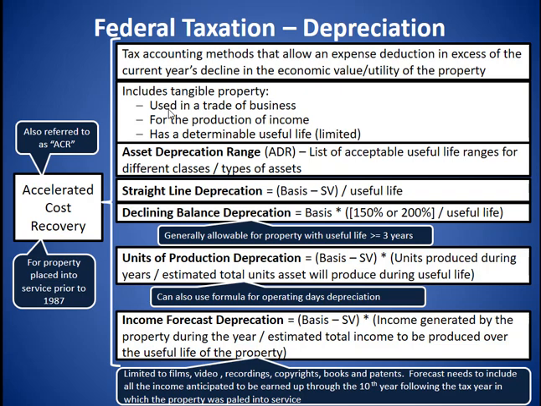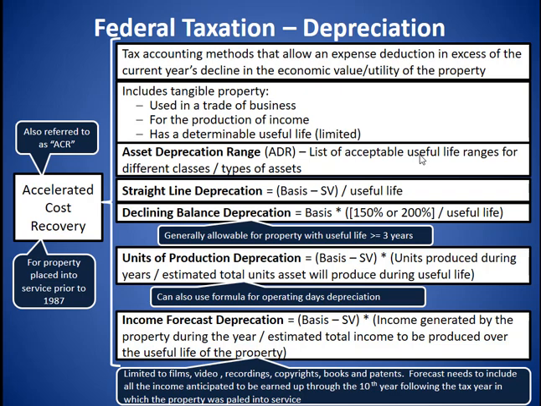Within accelerated cost recovery is what we call asset depreciation range tables, or they're also referred to as ADR tables. And what these are is they're lists of acceptable useful lives, basically ranges of useful lives for different classes and types of assets.